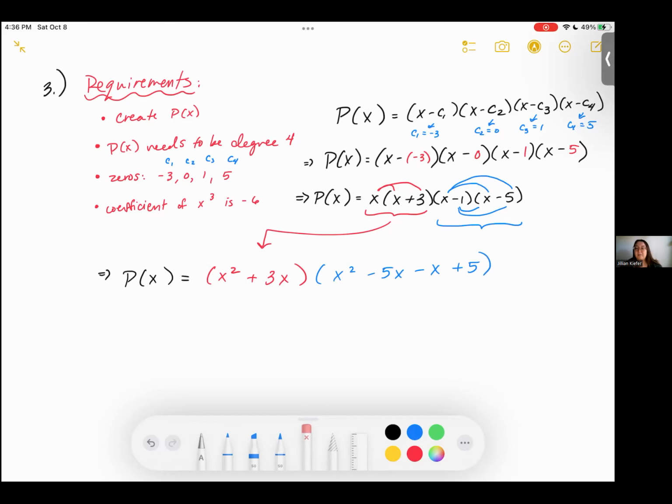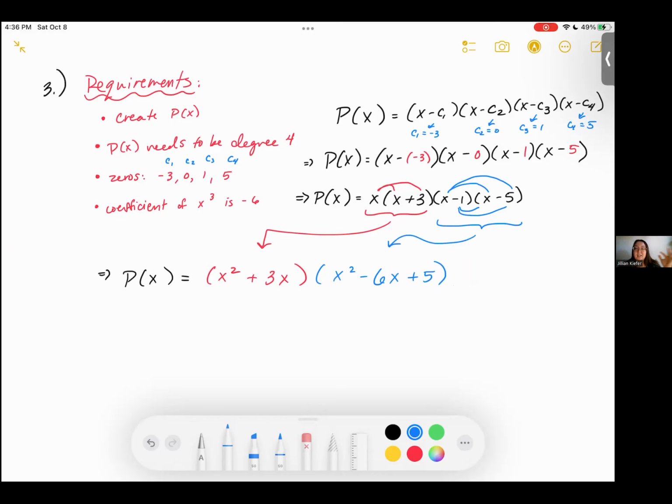Then we can simplify this a little bit, -5x minus x is -6x. We can say x squared minus 6x plus 5. And that was that term there.